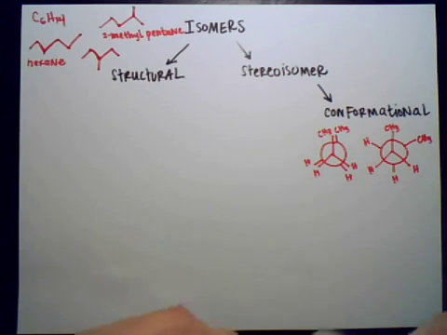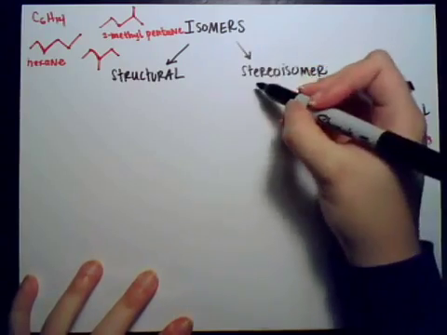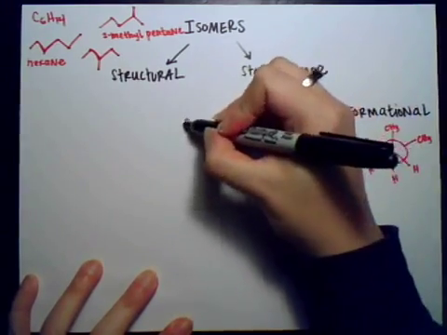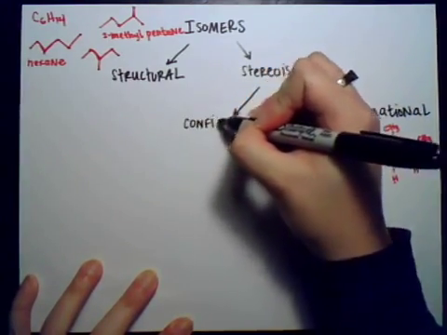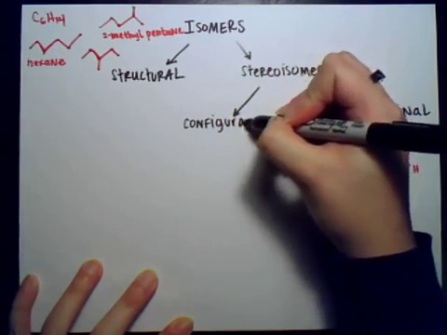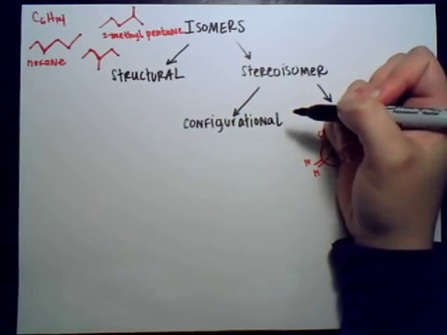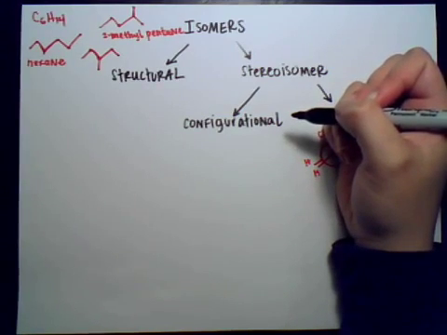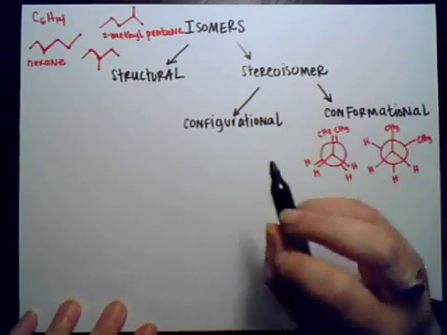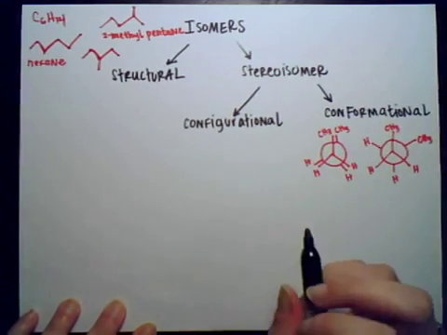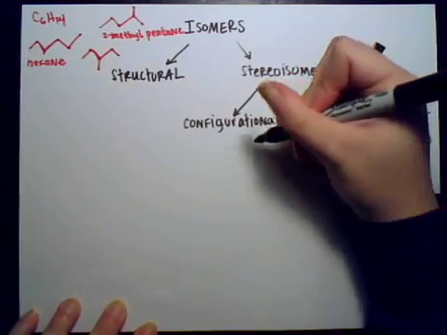Another type of stereoisomer is configurational. Now again, here we have two subsections.